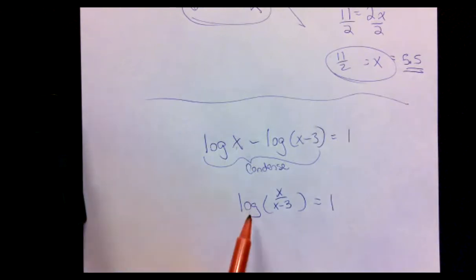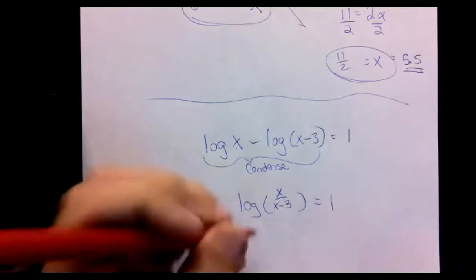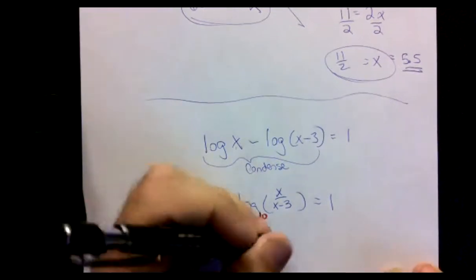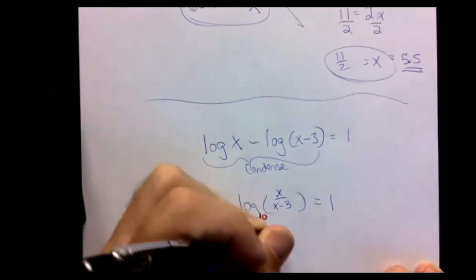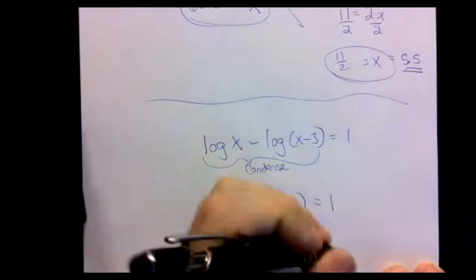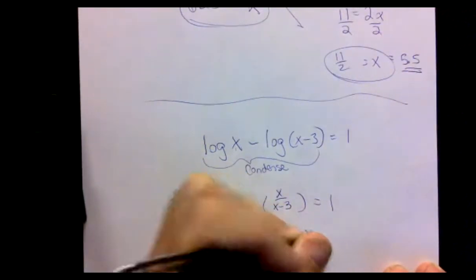And now that we have our one singular logarithm, we can do the rewrite. So we take our base, which again, if there's no apparent base, it's a 10. So we've got 10 to the first power is going to equal x over x minus 3.